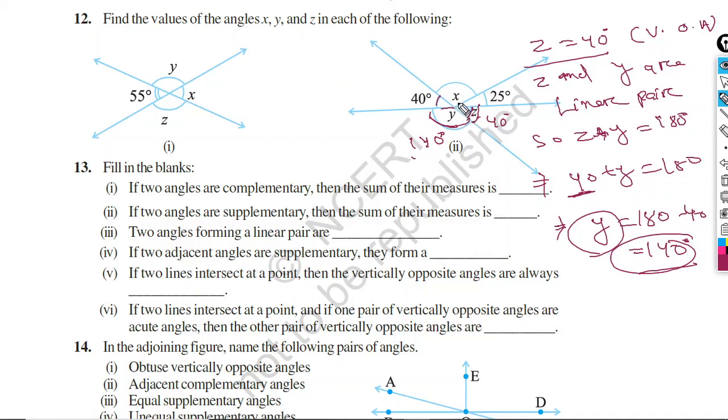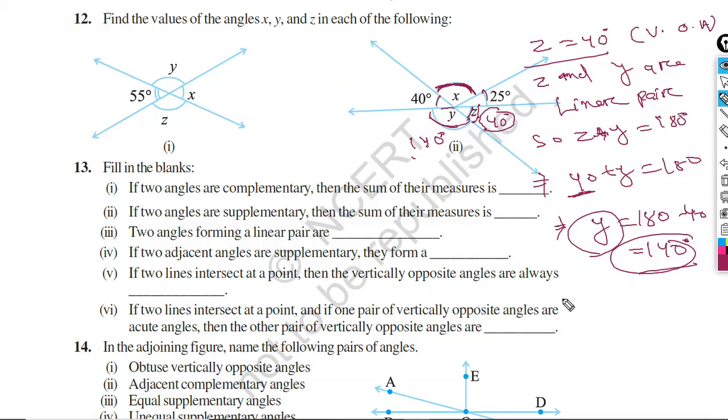Okay, so you see now angle x. What is the linear pair angle of angle x? The linear pair angle of x is equal to 25 degrees plus this z, which is equal to 40 degrees.